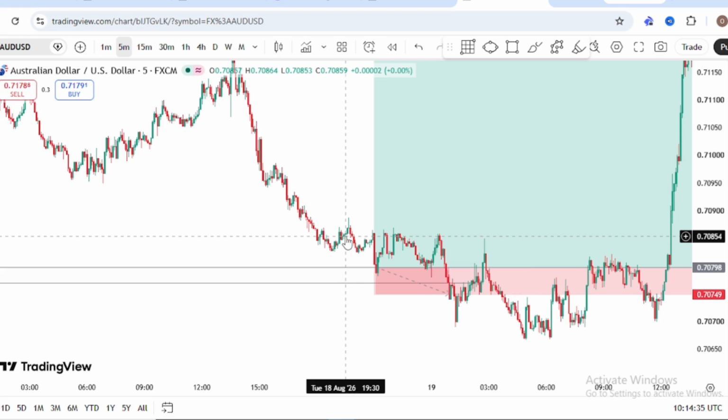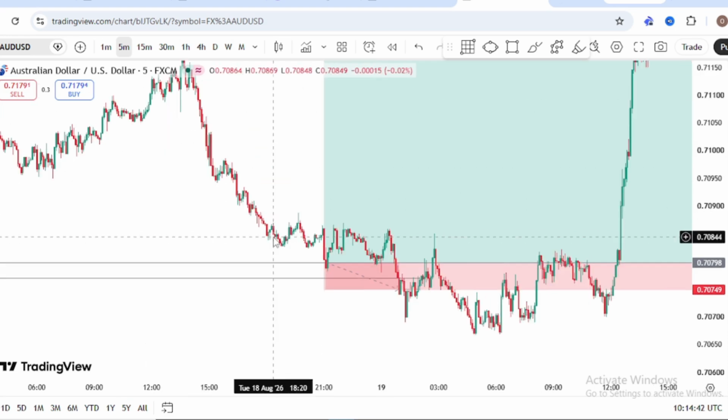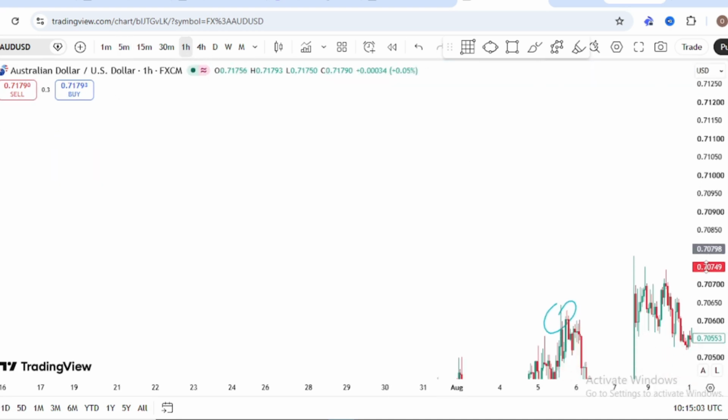That's why this trade failed. So if you have a POI you are targeting, and price gets to the POI without market structure shift, don't execute the trade, else you are likely going to fail. Let's go back to 1 hour time frame and take other examples.